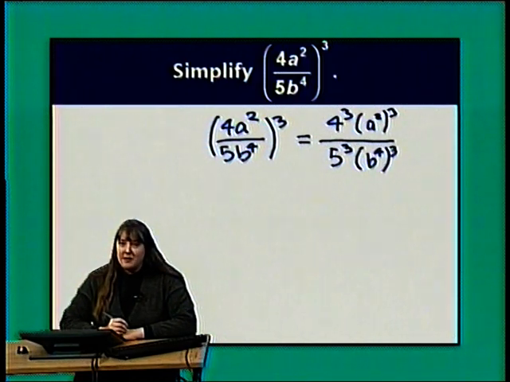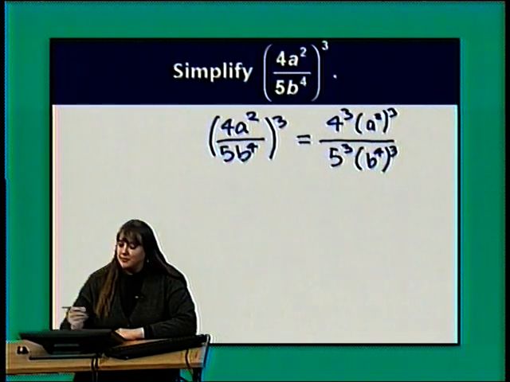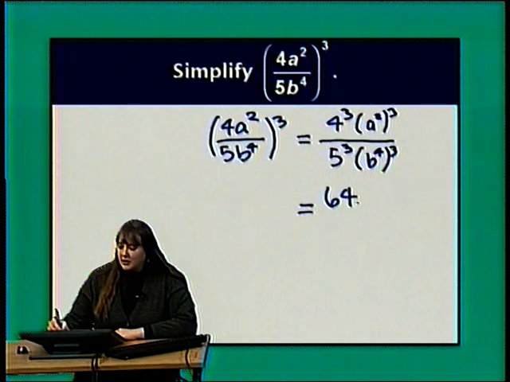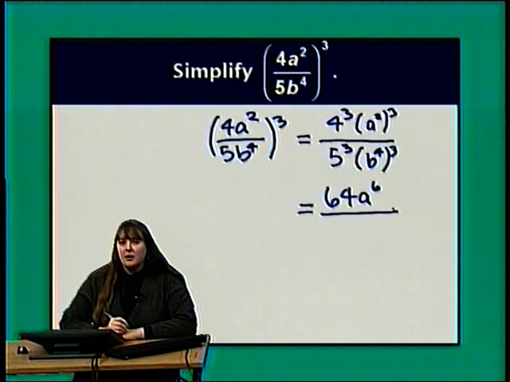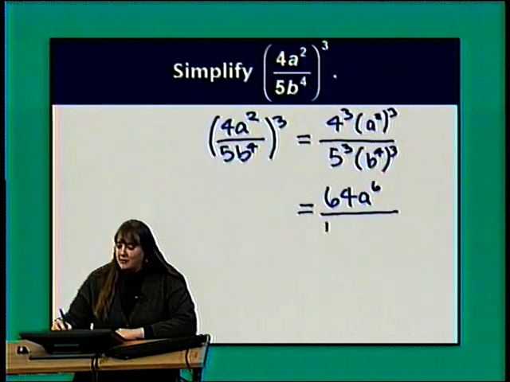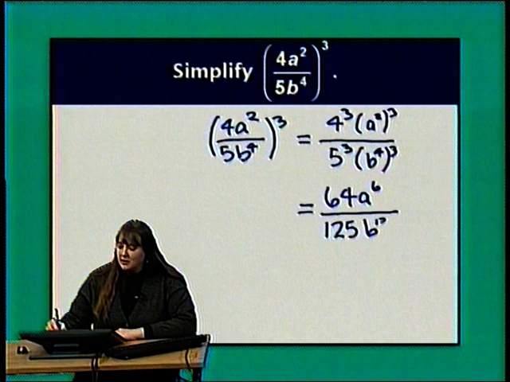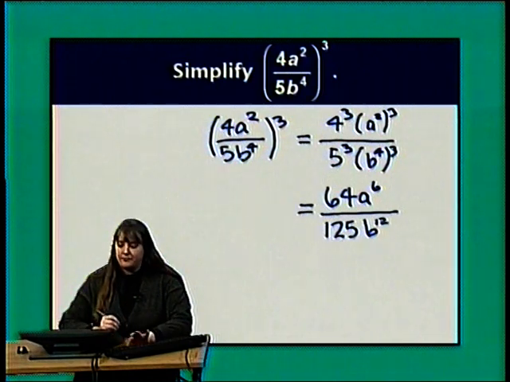So in one step, I've applied both the quotient to powers rule and the product to powers rule. 4 cubed is 64, so I have 64a to the 6th in the numerator. 5 cubed is 125, so I have 125b to the 12th in the denominator.